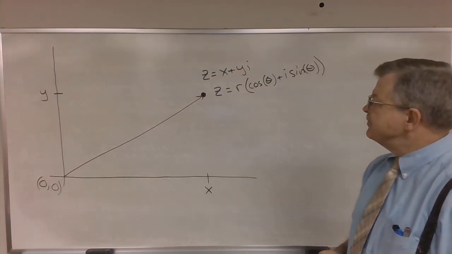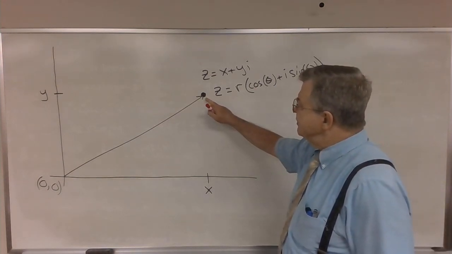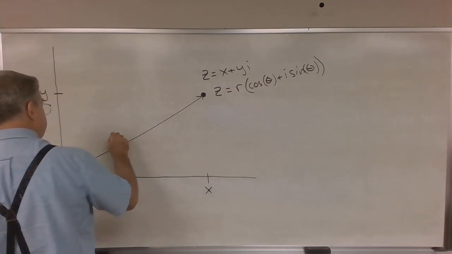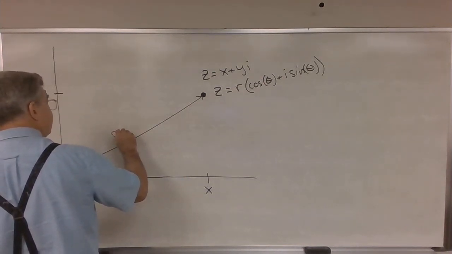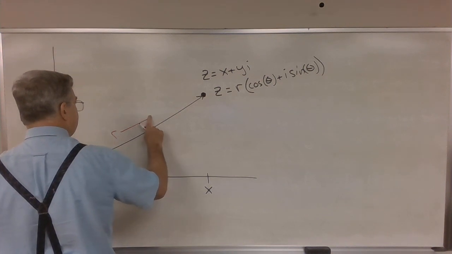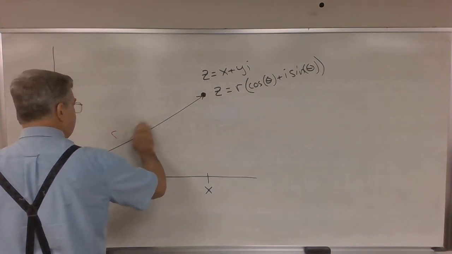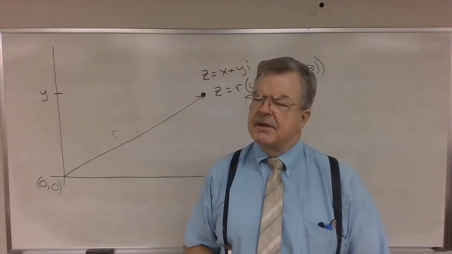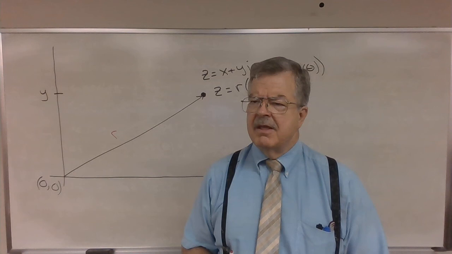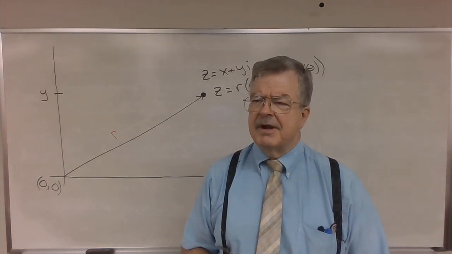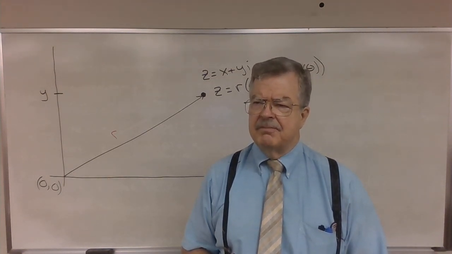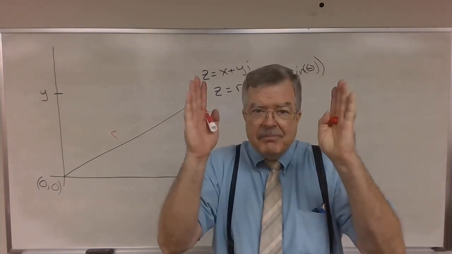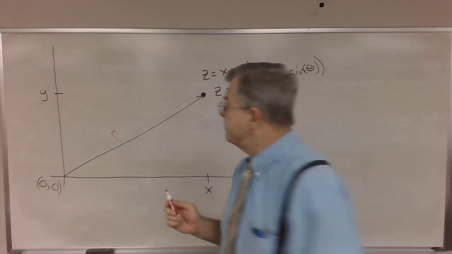And r is the distance of this point from the origin. But wait a minute. Didn't we say that the distance of a complex number from the origin was its modulus, absolute value of z, so to speak?